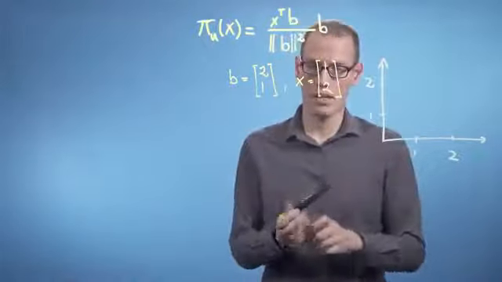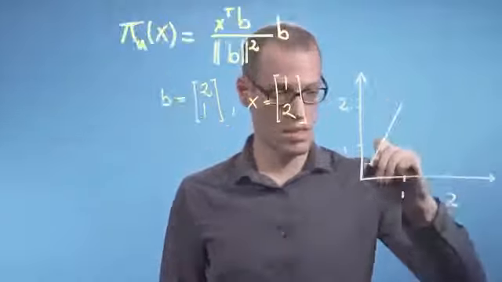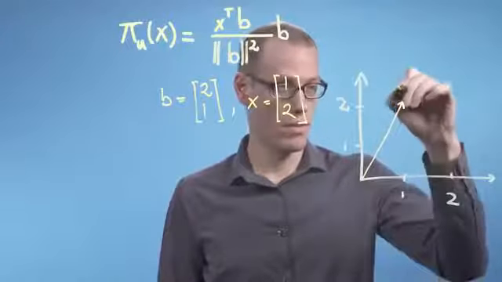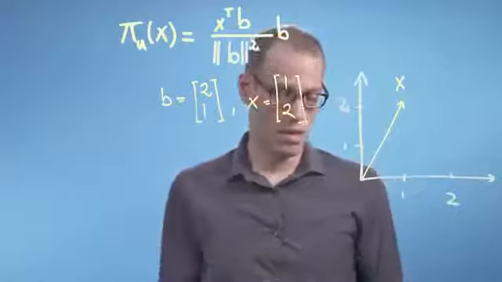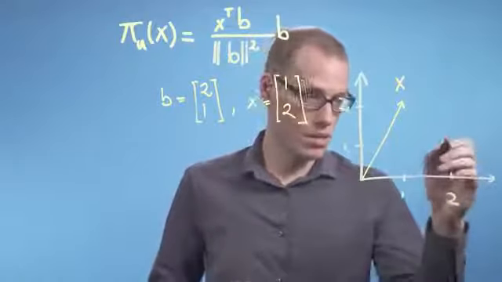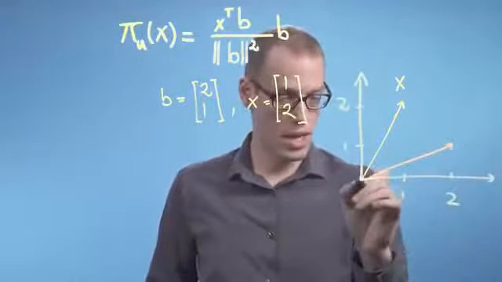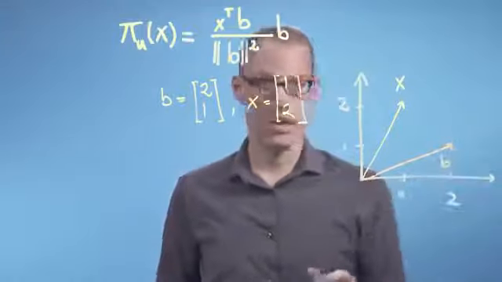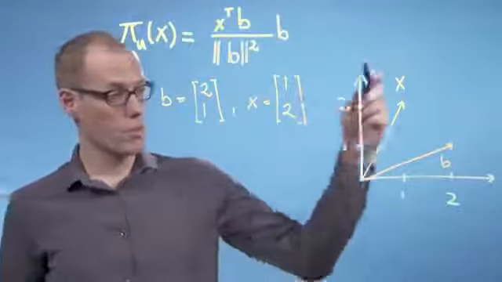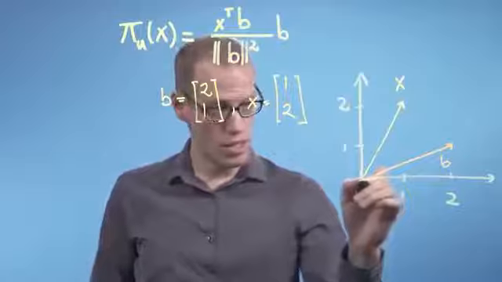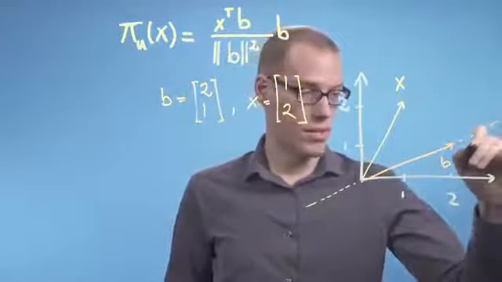So x is the vector (1, 2), so x is living over here. And the vector b is going to be the vector (2, 1), and so this is b. And b spanning our subspace means that our subspace U is going to extend along this line.